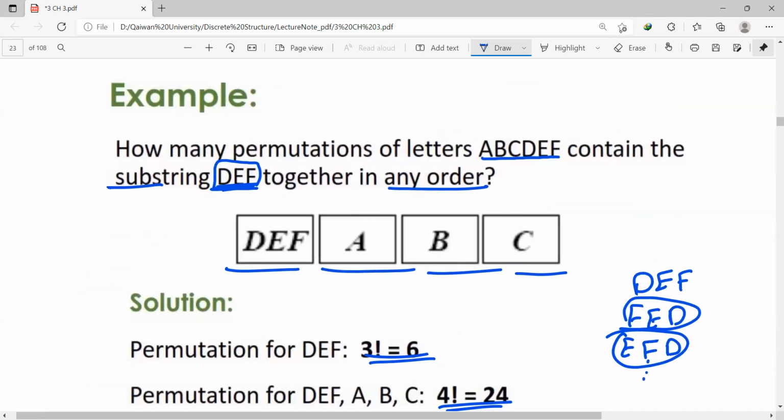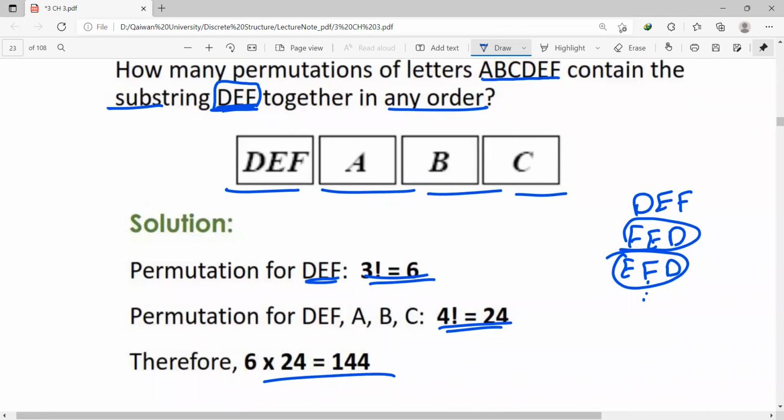As you see here, the permutation for D, E, and F, we say it could be in any order. In any order means D, E, and F, we have 3 elements here. So the permutation of 3 elements is 3 factorial, which is 6.